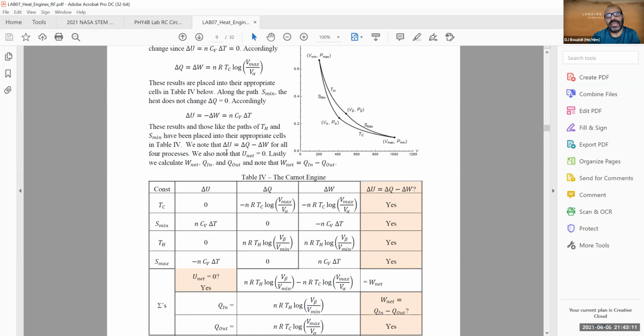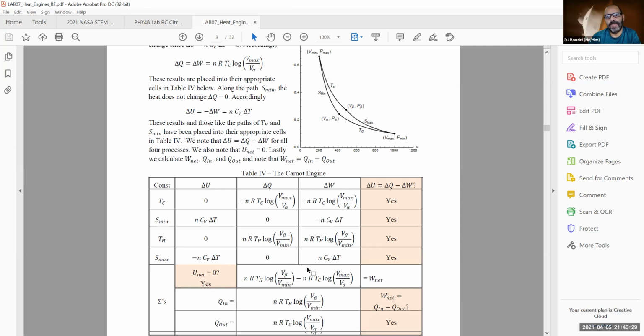So delta T in this case is T cold minus T hot, and it's going to be minus this whole thing times T hot minus T cold. The work is going to be simply, if we follow the calculation in here, nCV delta T. Is it true that 0 minus this number is equal to this number?